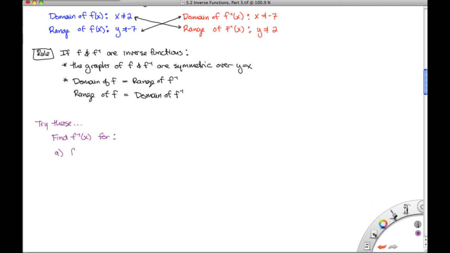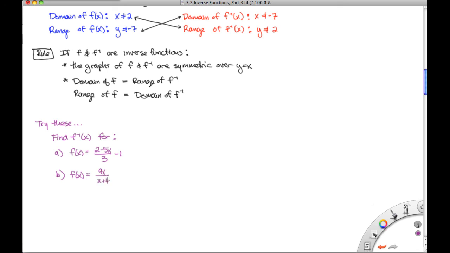Let's try f of x is equal to (2 minus 5x) divided by (3 minus 1). And for a little bit of a challenge, let's try a second one. f of x is equal to 9x divided by (x plus 4).